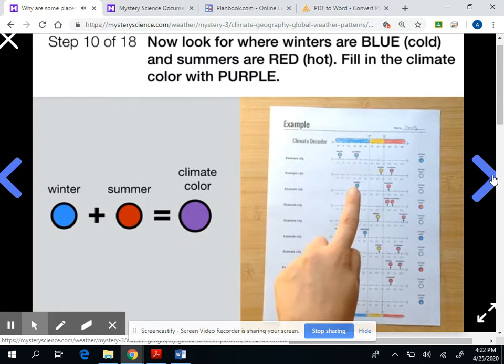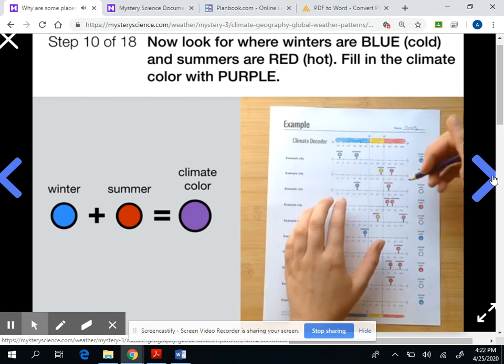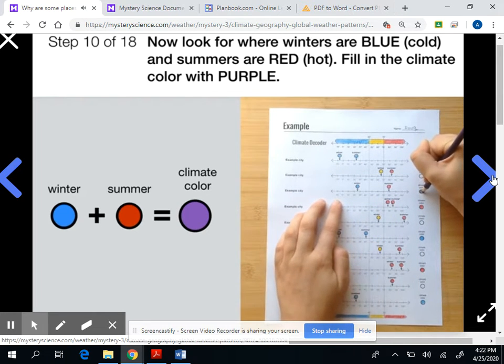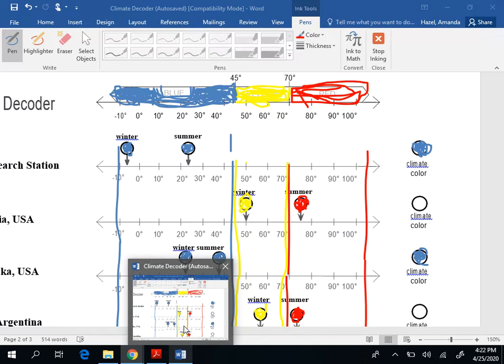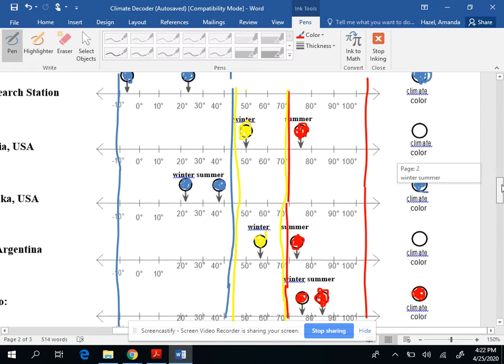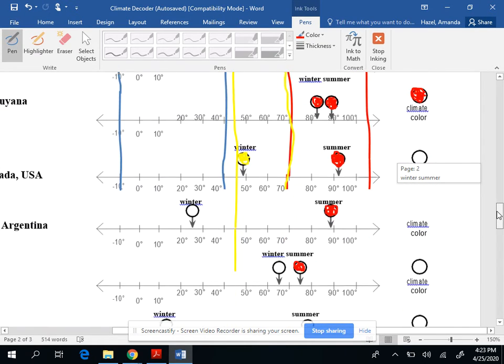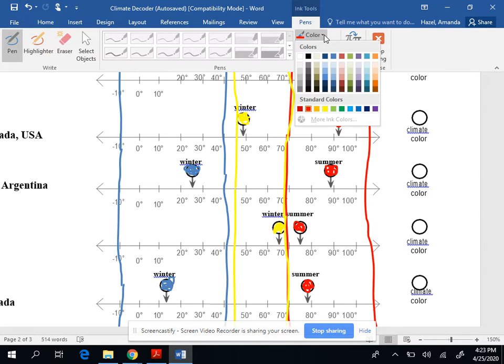Now look for where winters are blue, cold, and summers are red, hot. Fill in the climate color with purple. Right, because we know red and blue makes purple. That makes sense. So we're looking for red and blue combinations. Oh, I see one. And what color did we say? Yeah, purple.